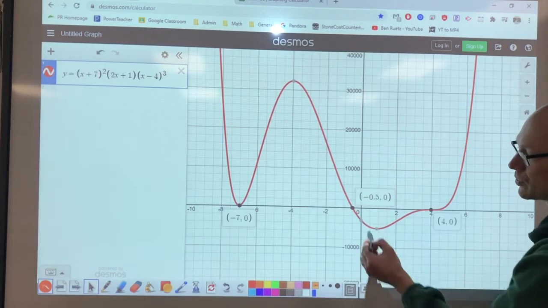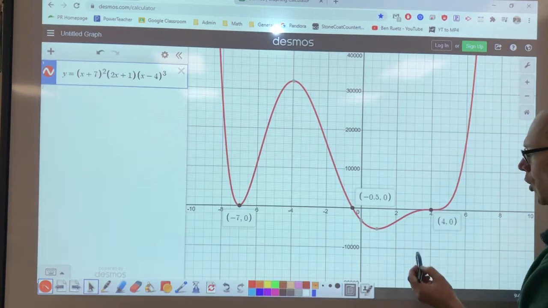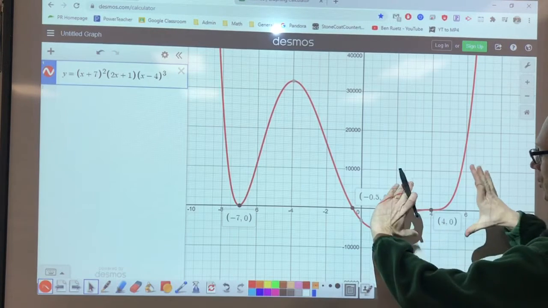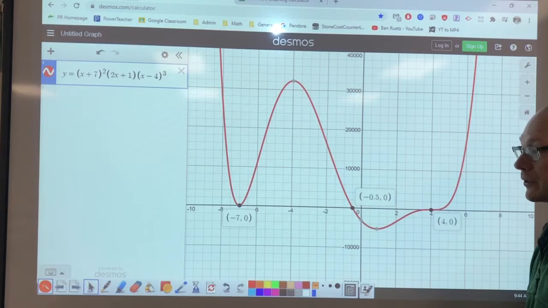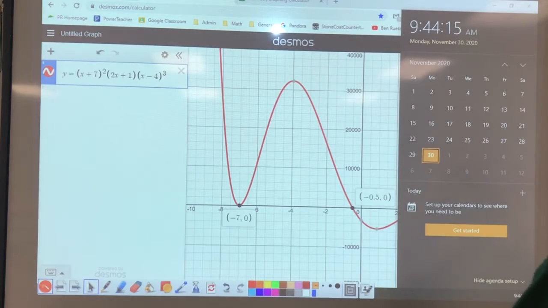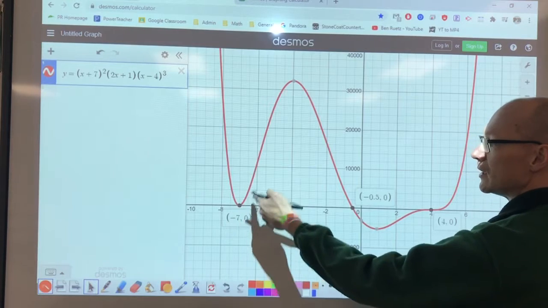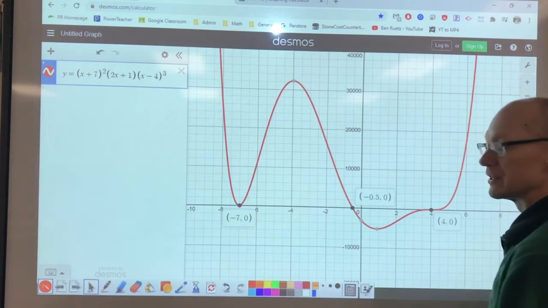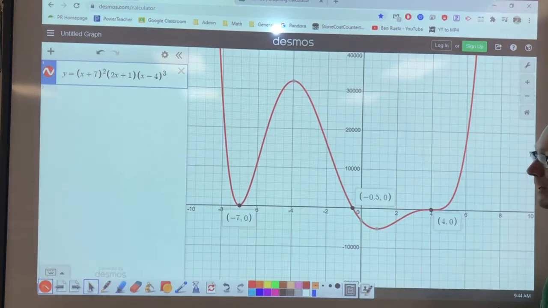This passes through kind of normally, but this one just does kind of a weird whoopee thing, almost as if it were a cubic graph right here. And that is an important thing. So what we find out is that this zero right here, because it touches, it must be even. Because this passes through and this passes through, it must be odd.